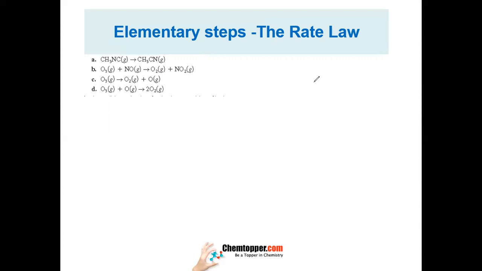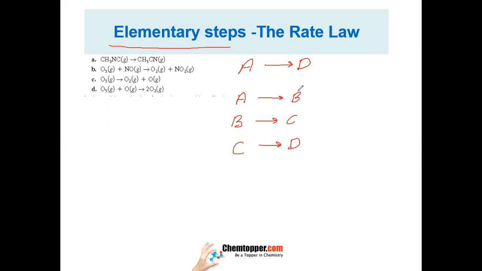Okay, so we have less time, so let's start. First, I will tell you the meaning of elementary steps. This is a very simple concept. Try to understand it. For example, if there is a reaction A to D, and this reaction is taking place in multiple steps, like first A is converted to B, then B is converted to C, and then C is converted to D. These steps are called elementary steps.